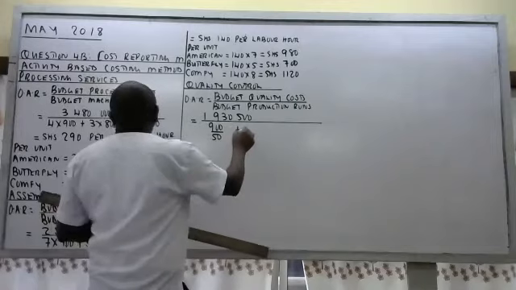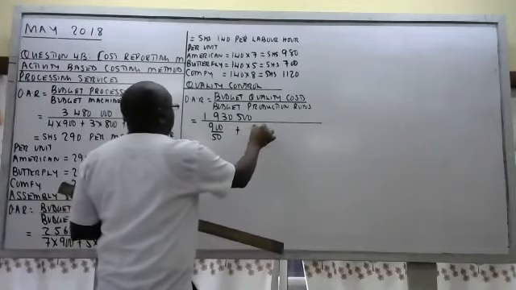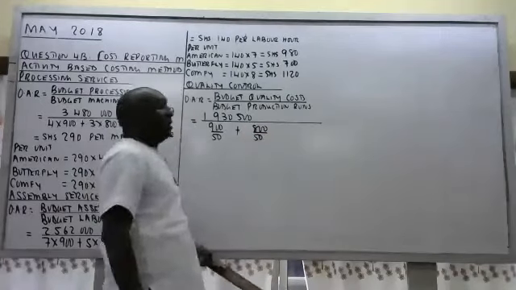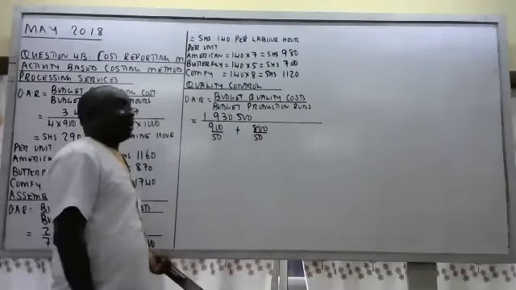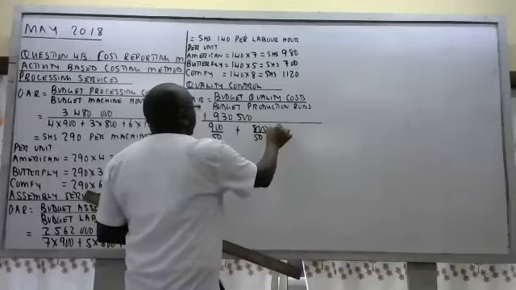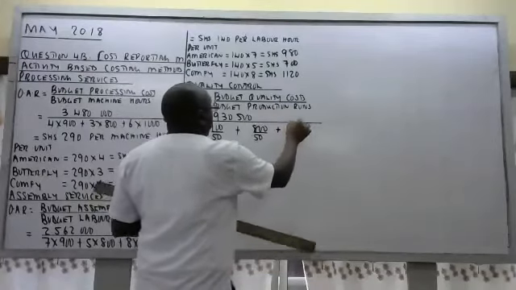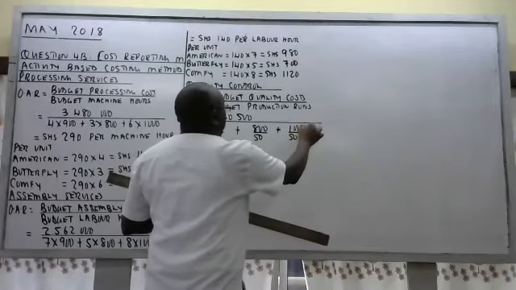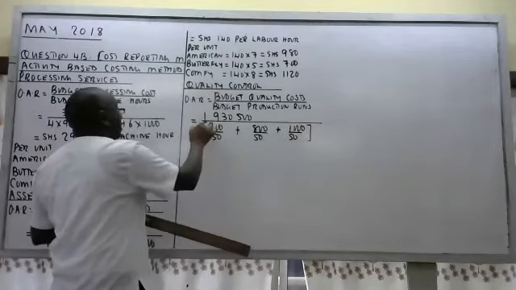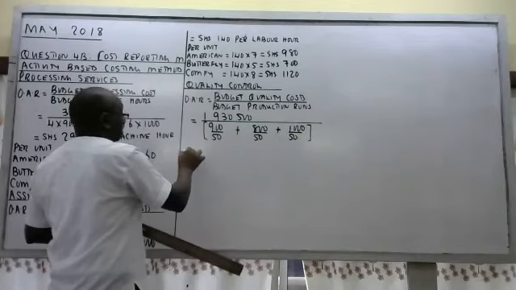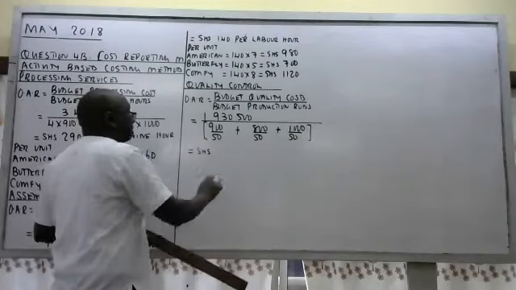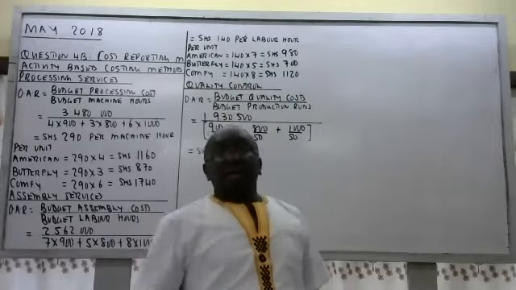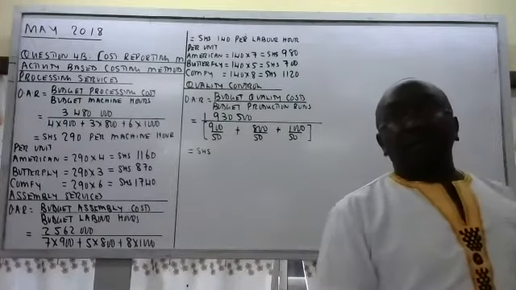The next one, 800, you also divide by 50. And then 1,000, you divide by 50. Those will be the production runs.